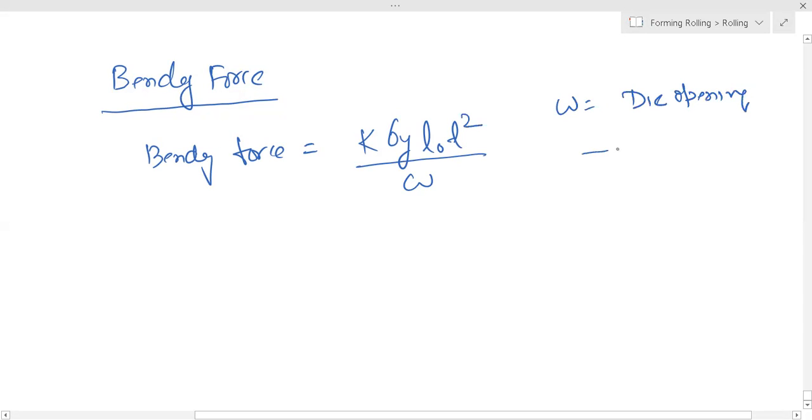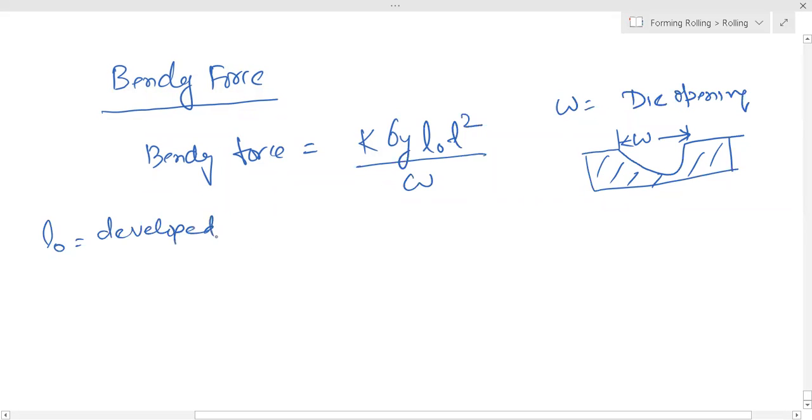What is die opening? This is your die opening. L0 is your developed length. Sigma y is your yield strength. T is your thickness.